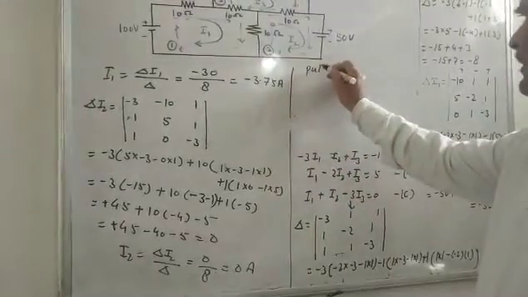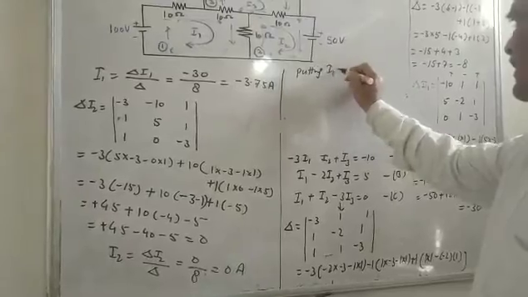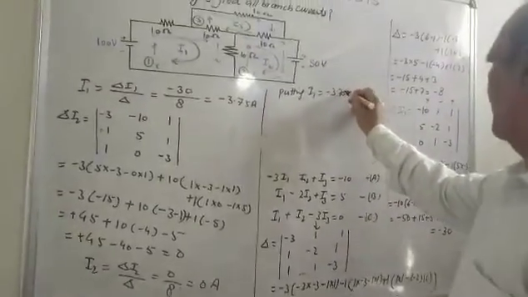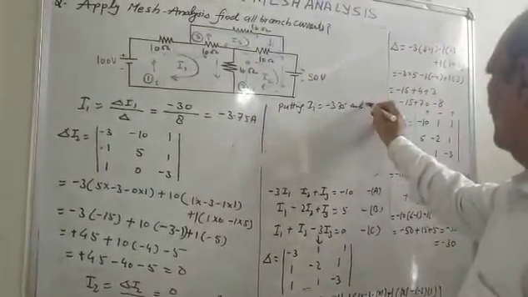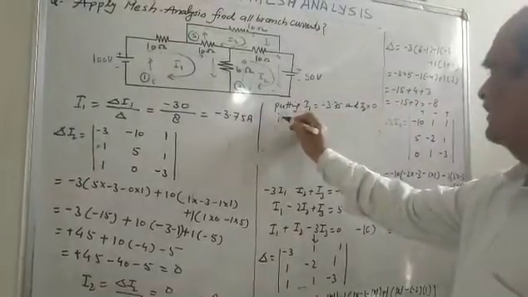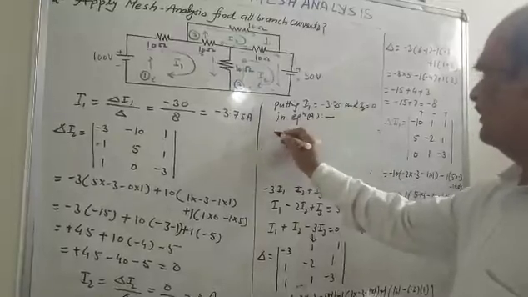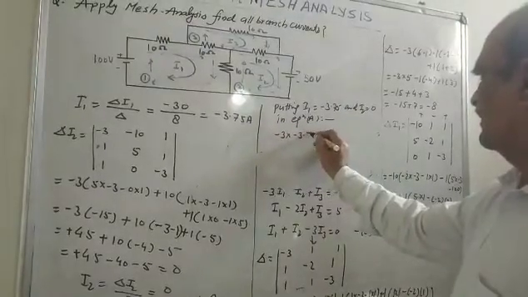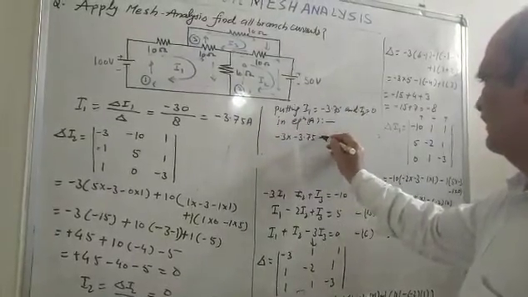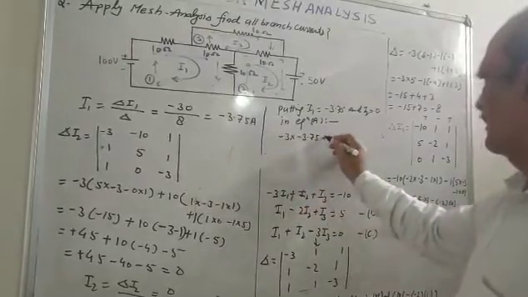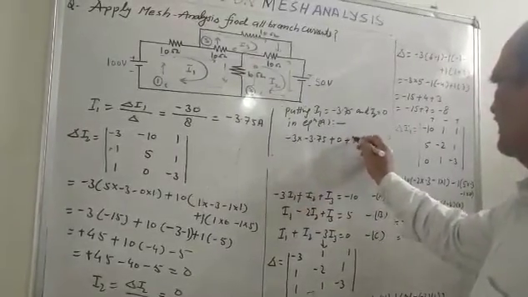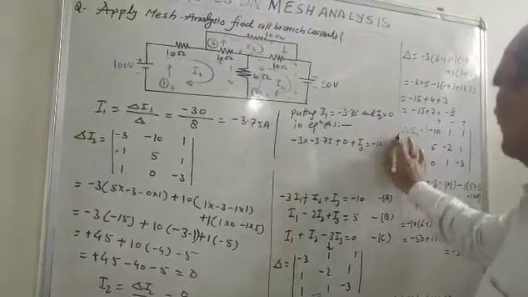We are putting I1 is equal to minus 3.75 and I2 is equal to 0 in equation A. A में रख देंगे. क्या होगा? माइनस 3 इंटू माइनस 3.75 प्लस 0 plus I3 is equal to minus 10.